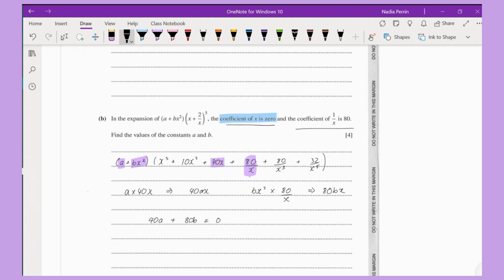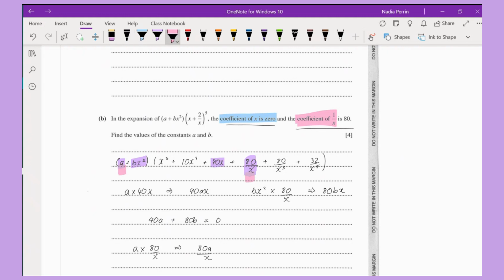So the next one, I'm going to use a different highlighter, is the coefficient of 1 over x. So things that would give 1 over x. So if we do a times 80 over x, so a times 80 over x is going to give us 80a over x.